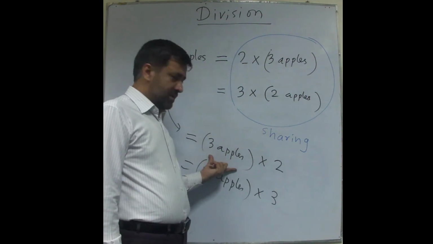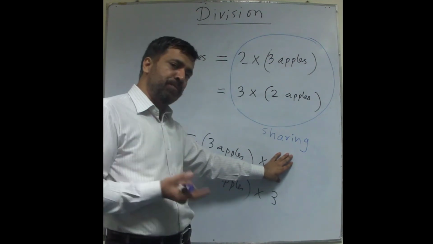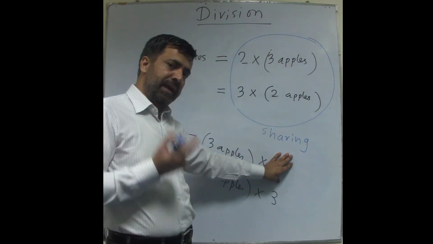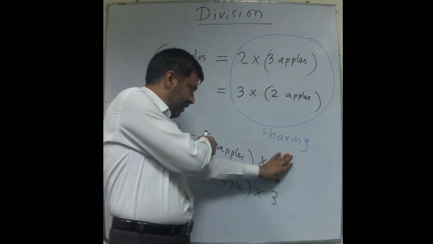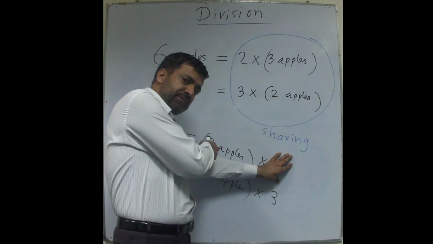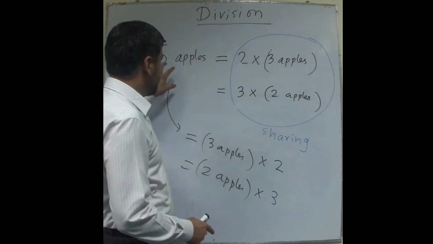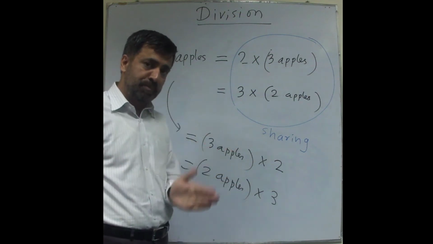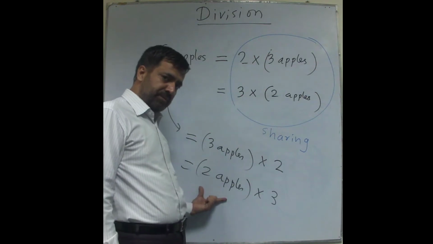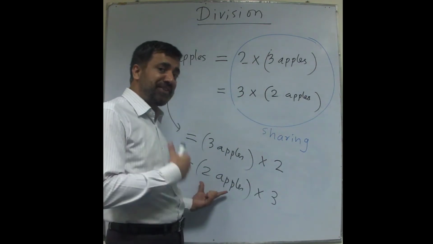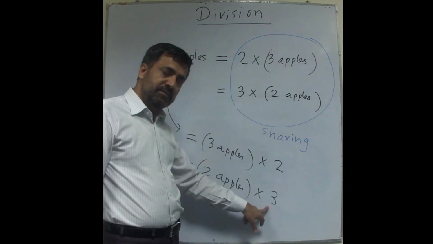Here, I pretend that I know this. So I want to ask, how many groups will I have if I require each group to have 3 apples? Similarly here, if I want to divide 6 apples among groups of apples, and if I require each group to contain 2 apples, how many groups do I need? 3 groups.